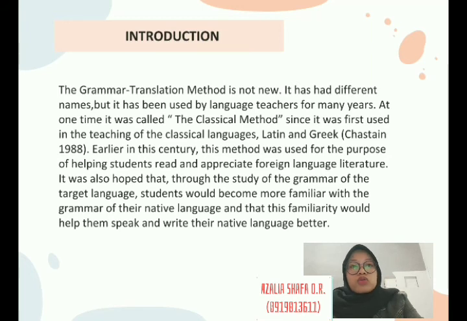At one time, it was called the classical method, since it was first used in the teaching of classical languages, Latin and Greek. Since early in this century, this method was used for the purpose of helping students read and appreciate foreign language literature.